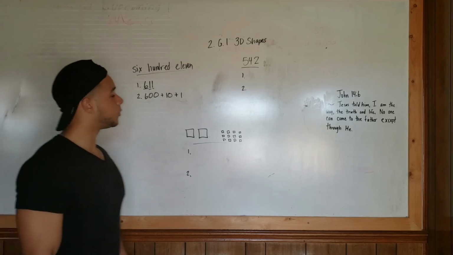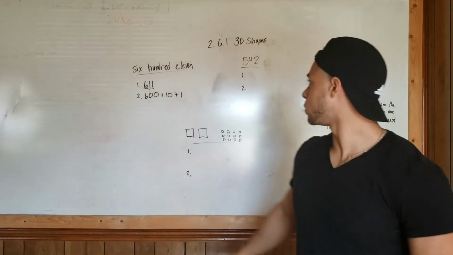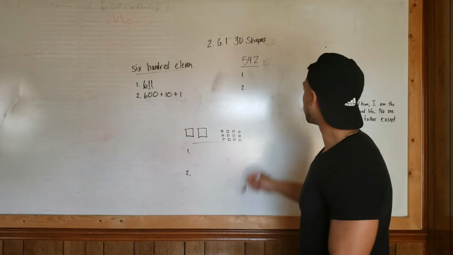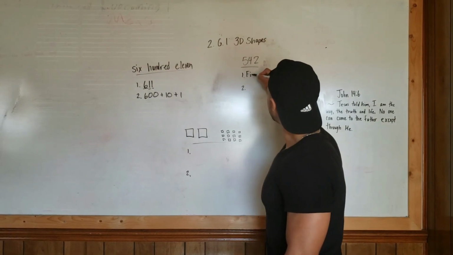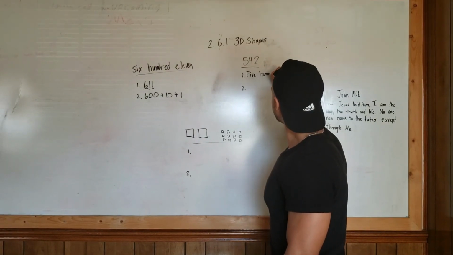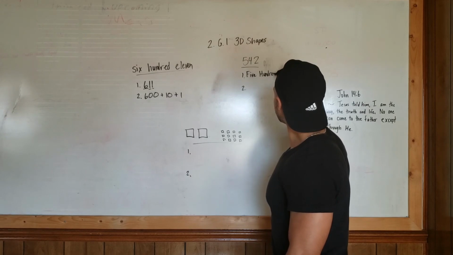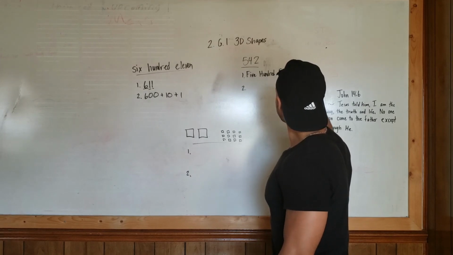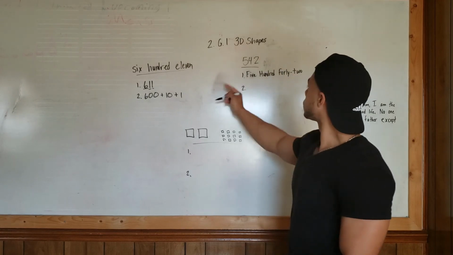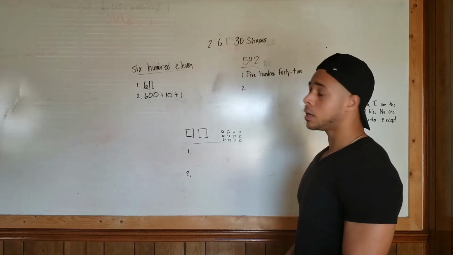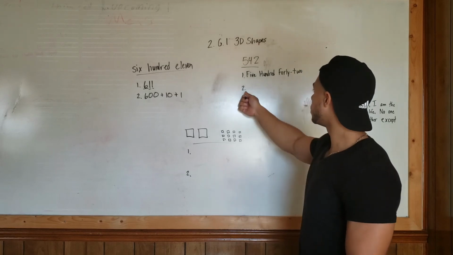Let's go on to your next one, 542. Let's put that in word form. There goes 542 in word form. And then let's think of another way. Let's go ahead and put it in block form.